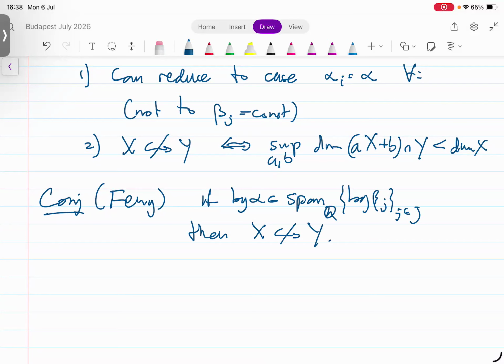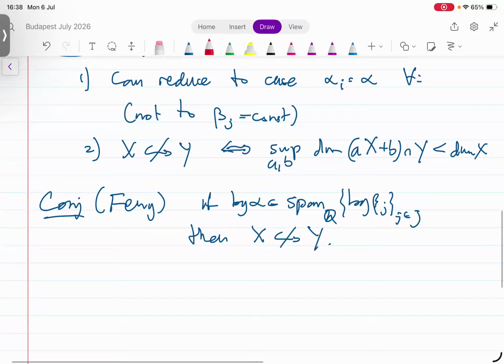So this is an algebraic type obstruction. If log alpha is not commensurable to the beta j's in this sense, then you cannot embed x into y. So that's the conjecture.